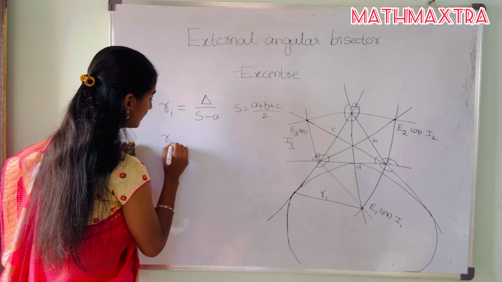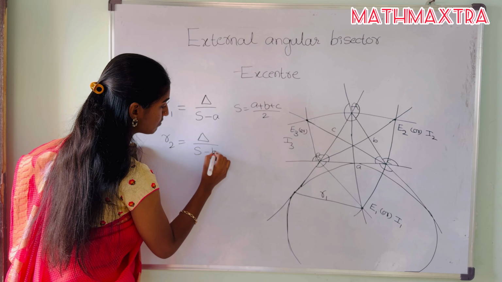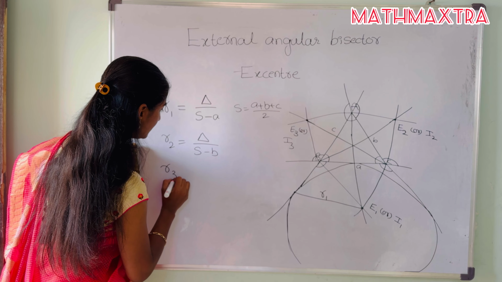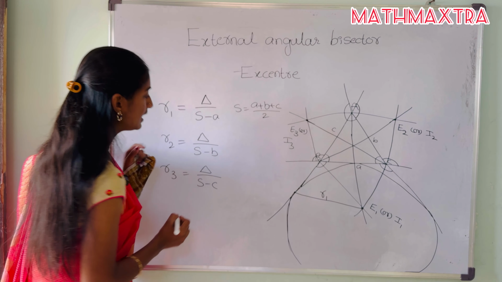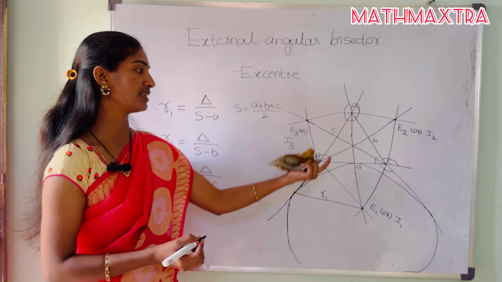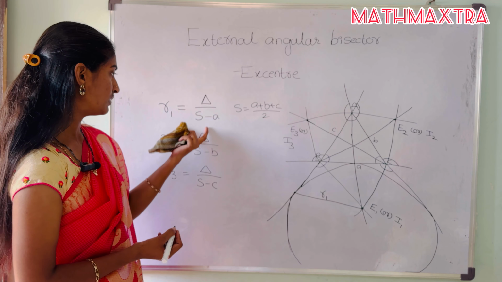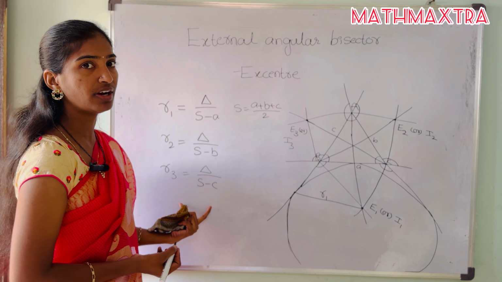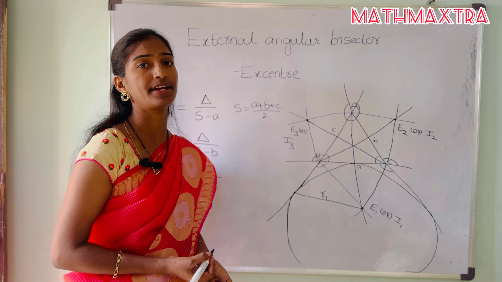Okay, and the second radius is delta by S minus b, and R3 is delta by S minus c. These three are the exradii of these three excircles. Okay, from these three formulas we can find the exradii of the given triangle.